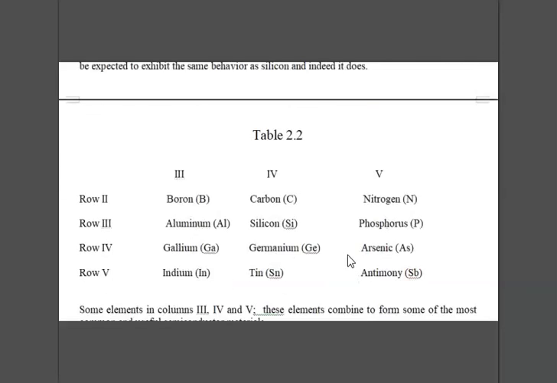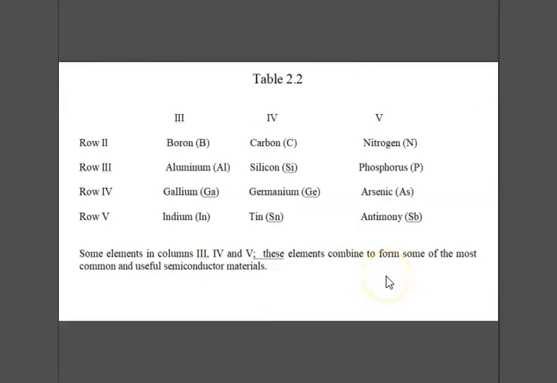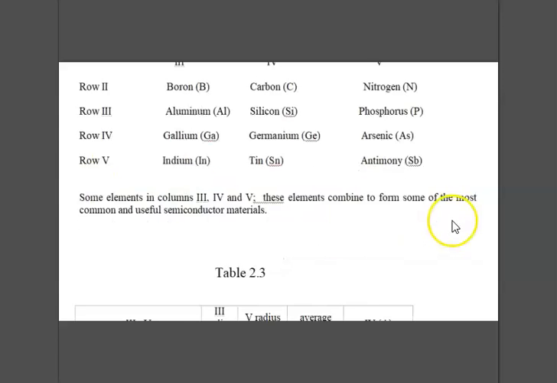Here are some of the atoms which can combine to form typical semiconductor molecules. We can have boron nitride in row number 2, aluminum phosphide, gallium arsenide, which is one of the most important, and a few others.